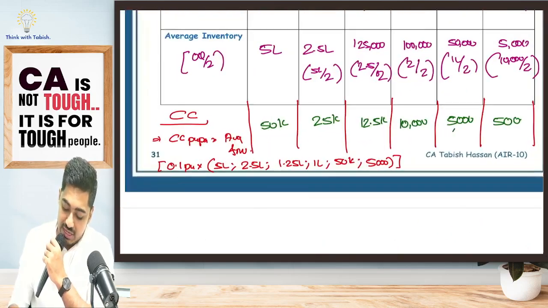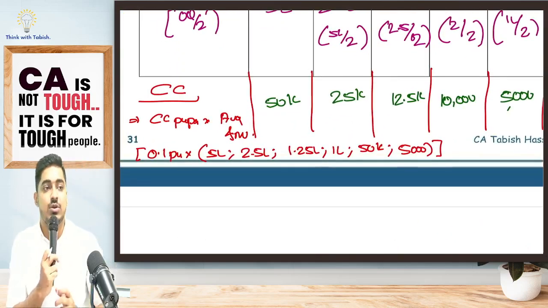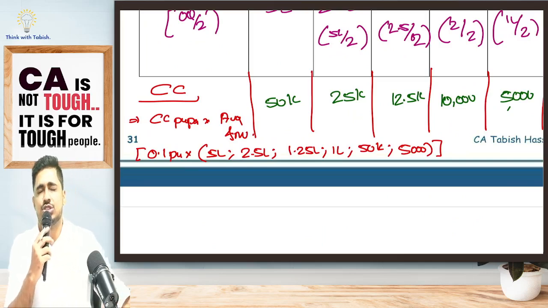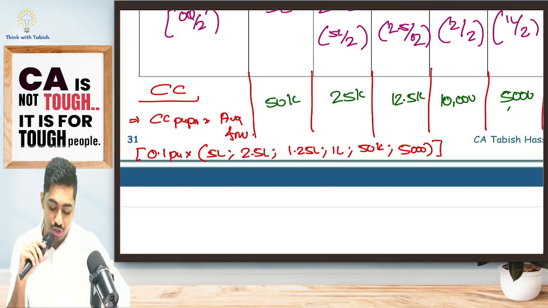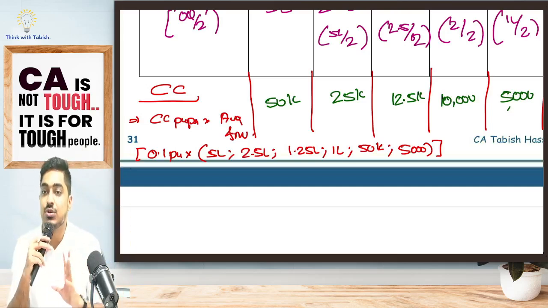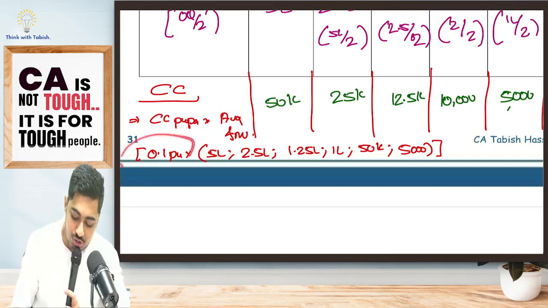So come back here. Even while you are doing this calculation, a calculator per se is not required. But still, if you are using one, there is no need to do 0.1 into 5 lakh equals AC, 0.1 into 2 lakh 50,000 equals AC, because this is going to be your constant.